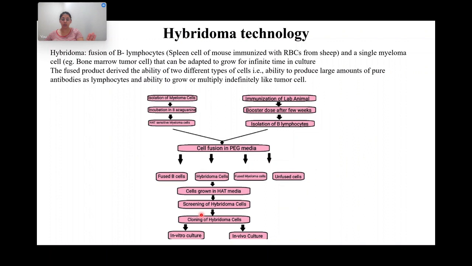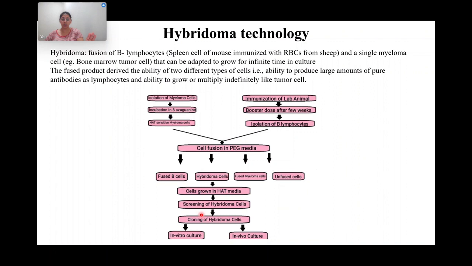If you fuse a B cell and a myeloma cell, what you get is an antibody-producing cell that can grow infinitely. So that's the idea here. That's what it says, that the fused cell has the ability to produce a large amount of pure antibody as well as grow or multiply indefinitely.